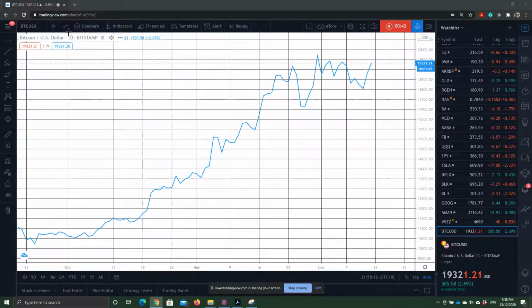Let's start with the line chart. Line chart is a simple line which draws a line from one closing price to the next closing price. So all of these are closing prices at the end of the specific period. So we are looking at daily charts.